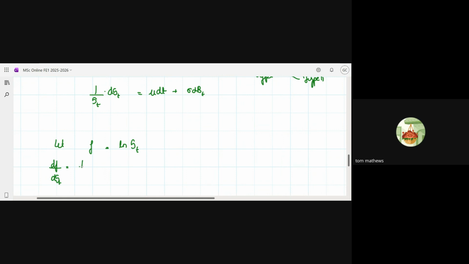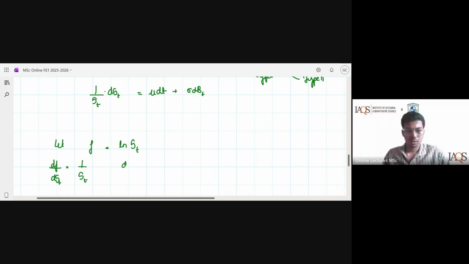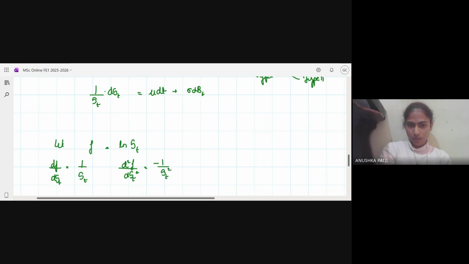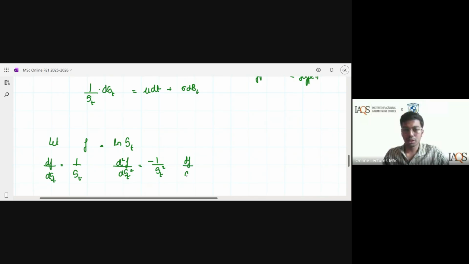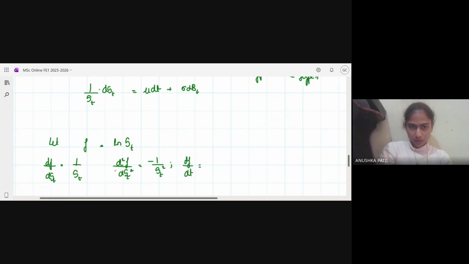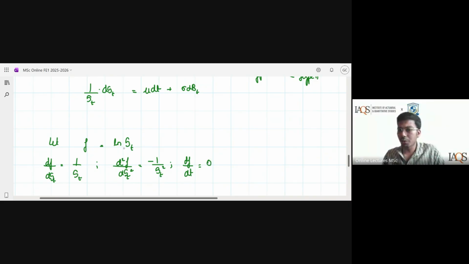One by St. I'm differentiating with respect to St only, so there won't be any chain rule. d square f by dSt square will be minus 1 upon St square. Perfect. And df by dt will be what? Zero. Perfect. Because it's a single factor function, df by dt will not exist itself.